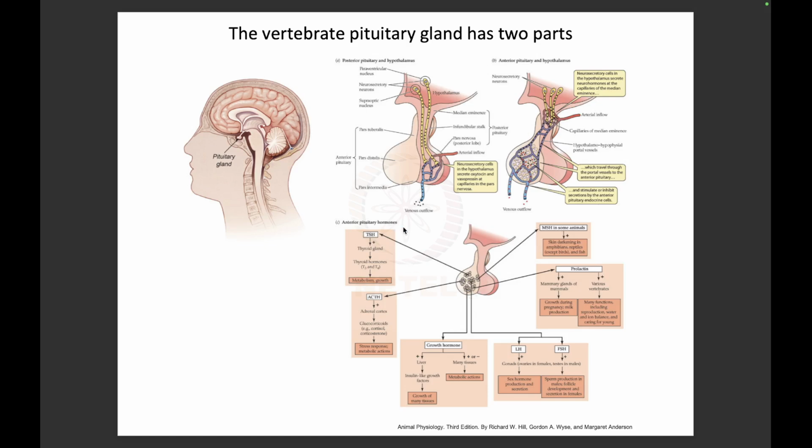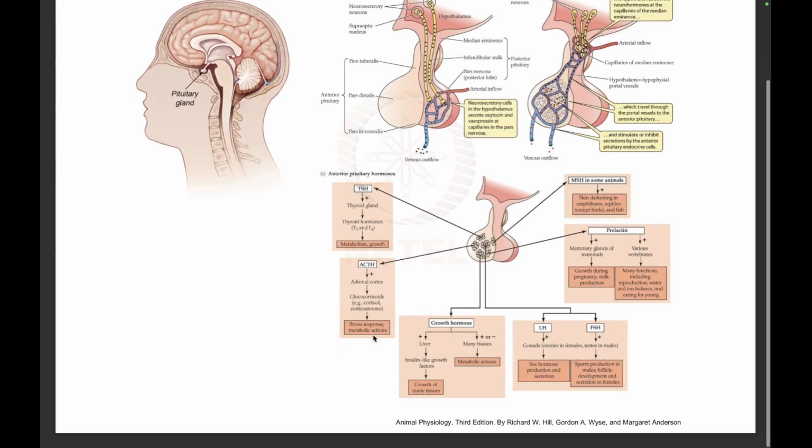Here you can see the anterior pituitary hormones. So TSH, which will work on the thyroid gland, and the thyroid gland will release the thyroid hormones T3 and T4, and the other is ACTH, which will act on the adrenal cortex and release the glucocorticoids, for example cortisol. Okay, I'll zoom in a little.